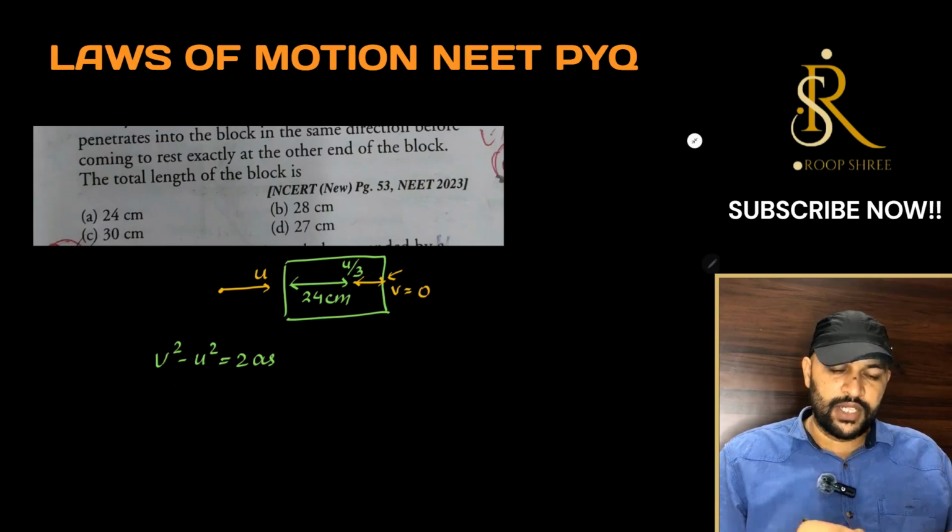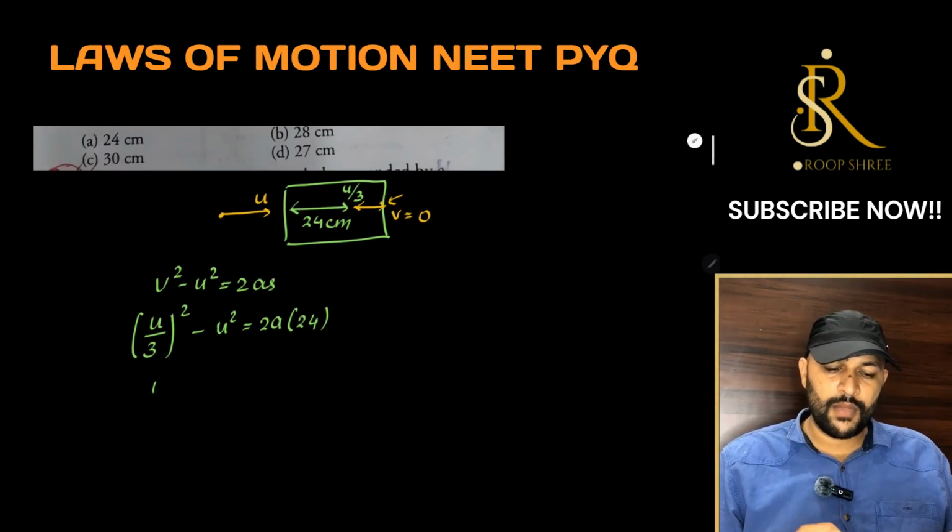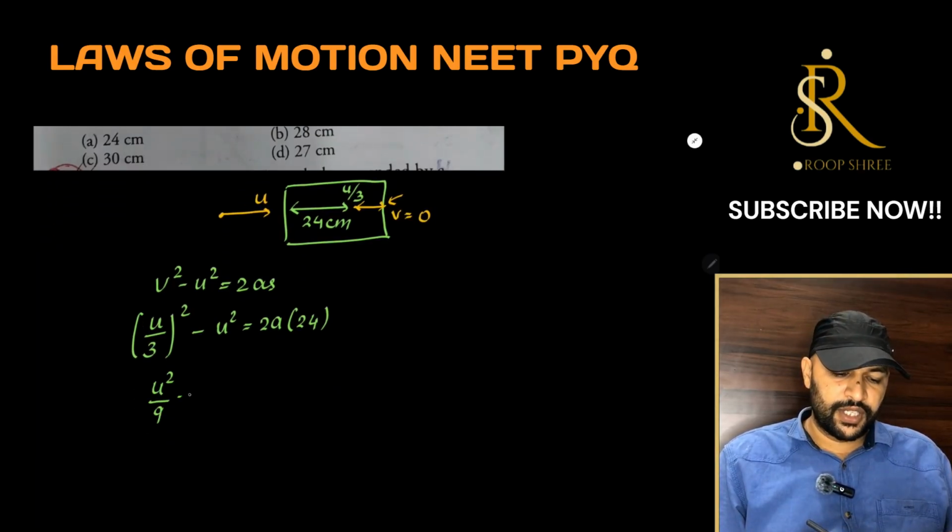What is the final velocity at the end of 24 centimeter? The final velocity is u by 3, correct? So v square, u by 3 whole square, minus initial velocity u square, equals 2a into distance, and the distance is 24. I hope this is clear.